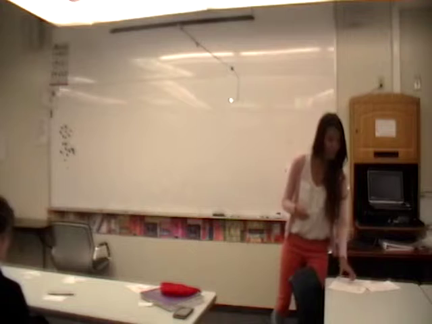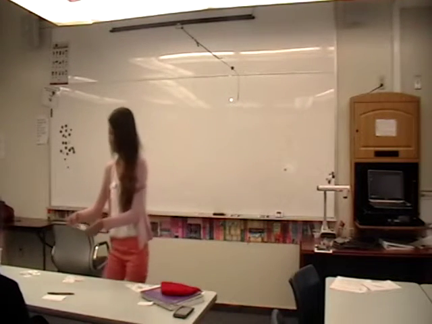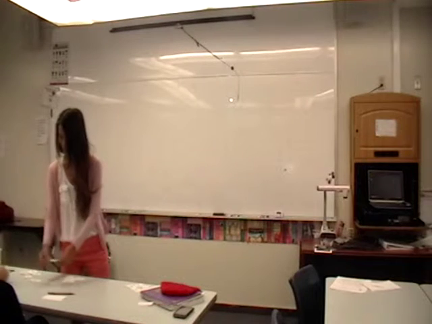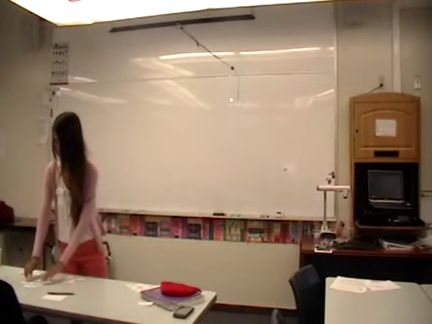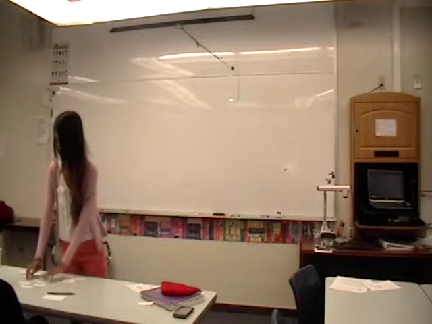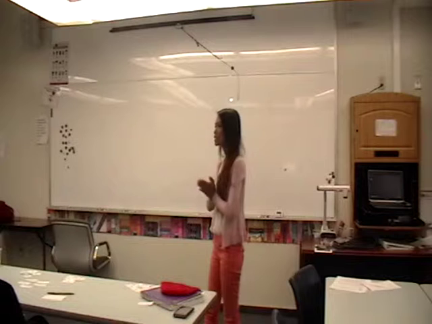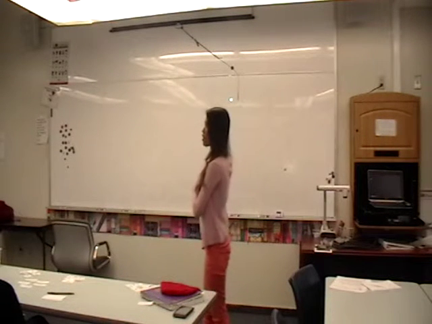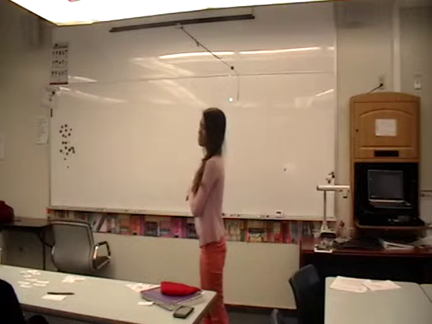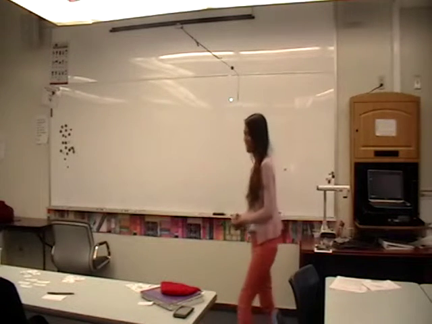Now, I'm going to give you one of these papers, and I want you to discuss together. And then when you're done, one of you come up here and draw a picture of the process of photosynthesis. Can you do that?